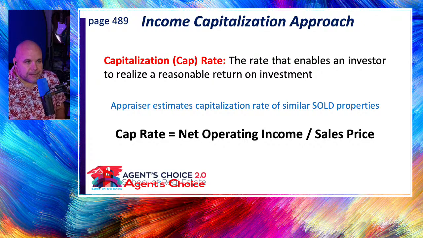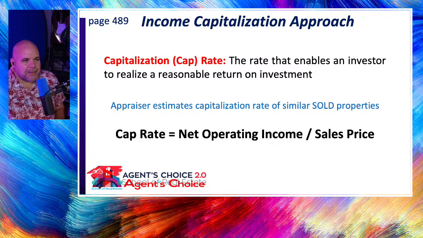There's a cap rate that the sales data will reveal. Just like when you do a market analysis with the sales comparison method, you'll see in this neighborhood, garages are worth $8,000. You'll see in this area of town, investment properties like this, office complexes like this, the cap rate tends to be 9%. So that's how they use the cap rate.